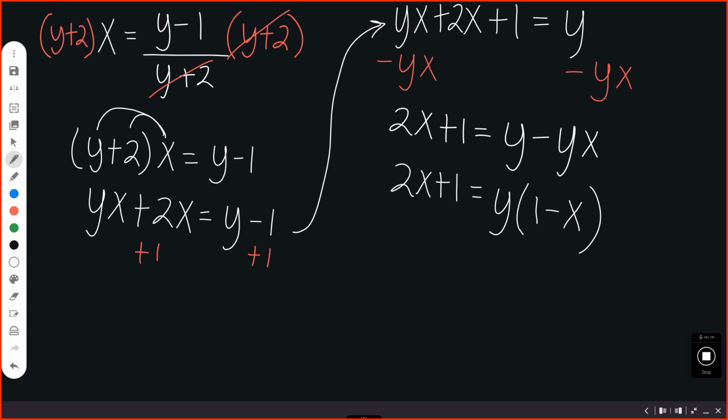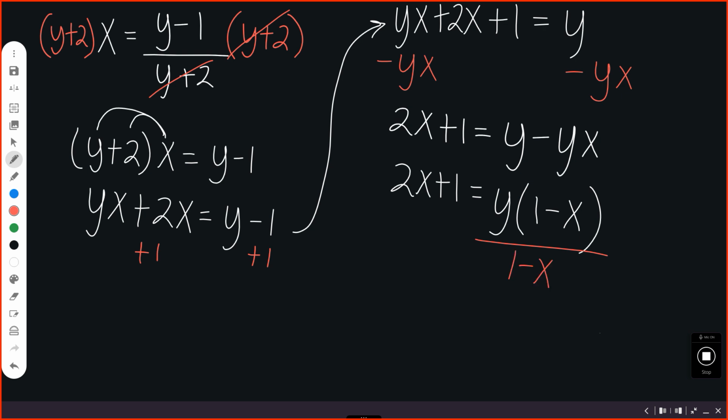One last step, I can isolate the y. You see how I cleaned it up? I started off with 2 y's everywhere, but now I got it down to just 1 y by factoring out that y. Last step would be, let's move all of this. I have a y times 1 minus x. So we can move the 1 minus x by doing the opposite operation, which is division.